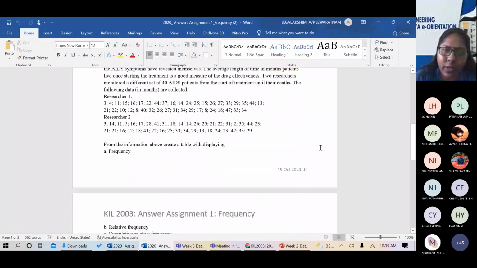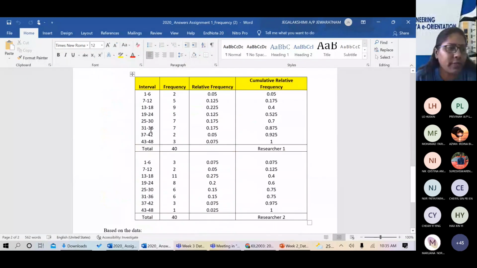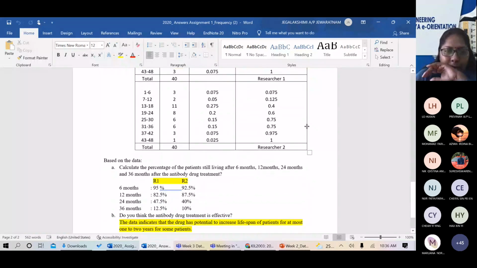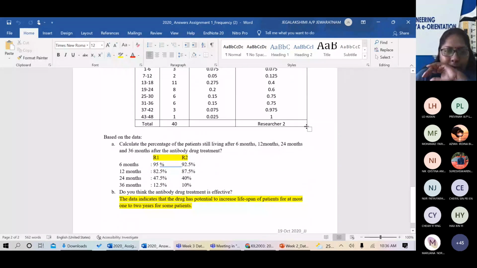So this table we can also do between 1 to 50. Okay, but then again, this is probably because of the question, right? It requires use for 6 months, 12 months, 24 months. That's why your bin is in that size, to be able to answer the questions.